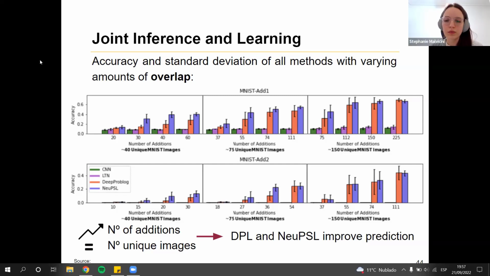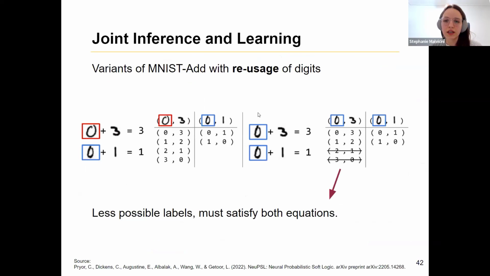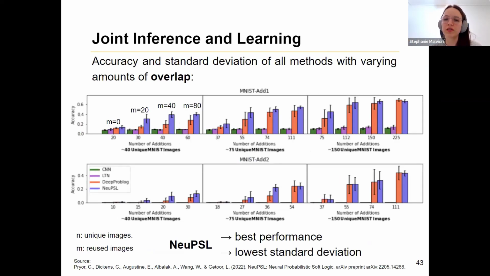Okay, so it means that they reuse, like here, the same image of a digit for different equations. So an image is going to need to satisfy multiple additions. So the possible labels are reduced. That's what it means.